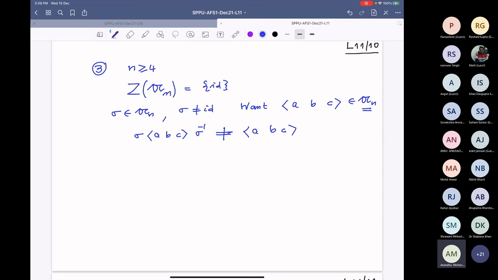I want to produce ABC. And there are 3 elements. This is a 3 cycle. So therefore there are 3 elements. And I will choose now ABC. What will I choose? I will choose A, sigma A, and B. 3 distinct elements.